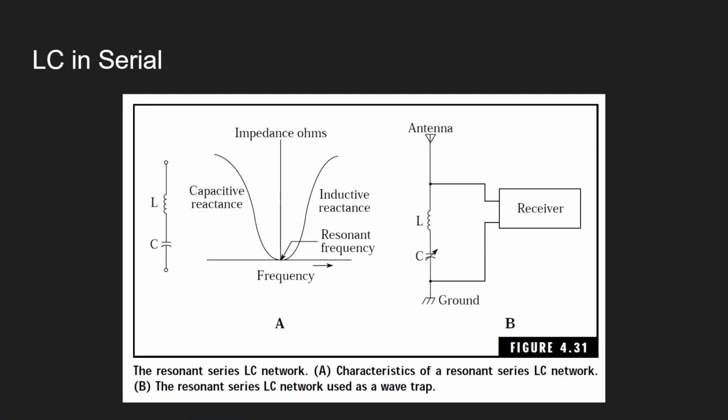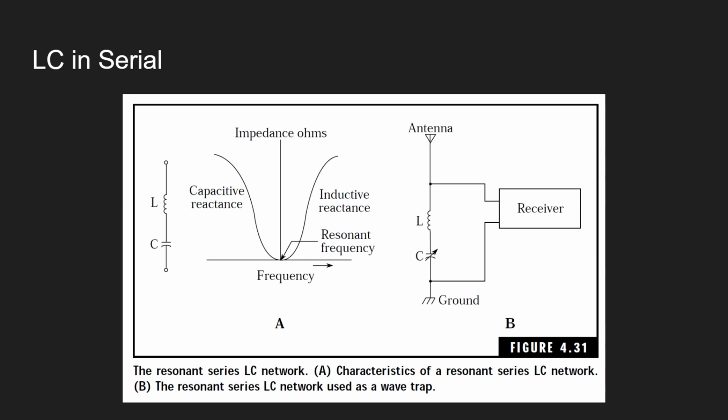And LC in series, okay? When in series, at the resonance point, the correct frequency, the impedance will go to the lowest. If it is the lowest, it will go to the ground actually. Never mind, I will explain it later.